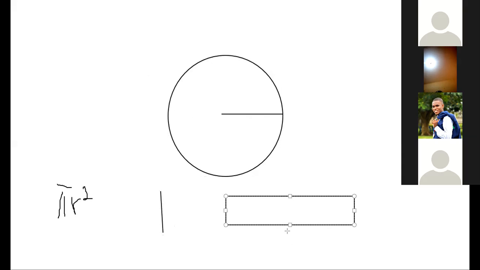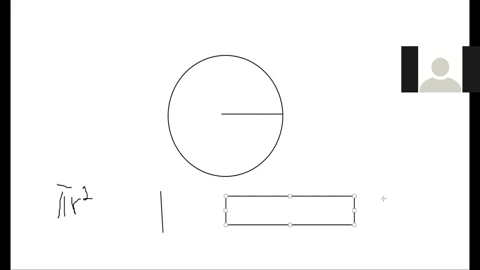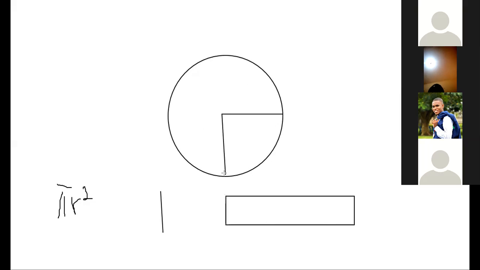So if I have this, it is what? Length times the breadth. Is that okay? So it's the same thing here. We'll be finding the length times the breadth of this circle. And giving two radii, where this side is 7 as the length and this side is 7 as the breadth. If we are walking around this circle, the area in between, it means that we are going to walk this side.